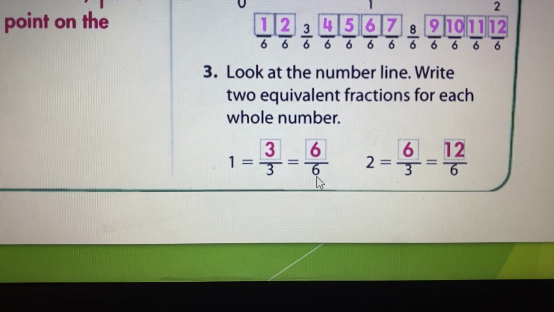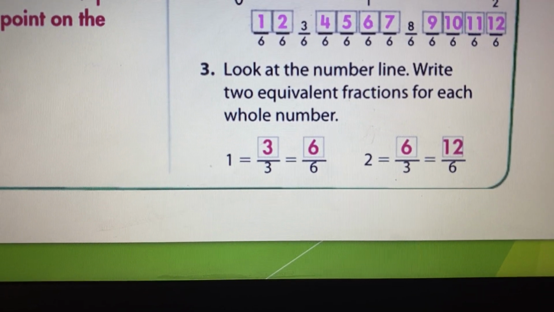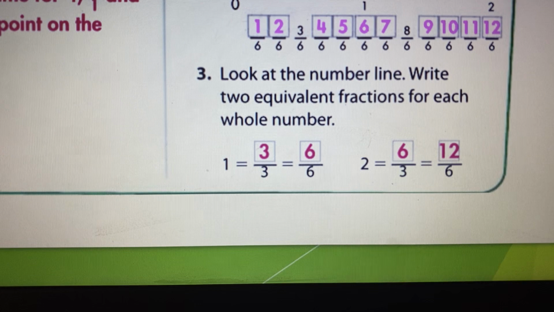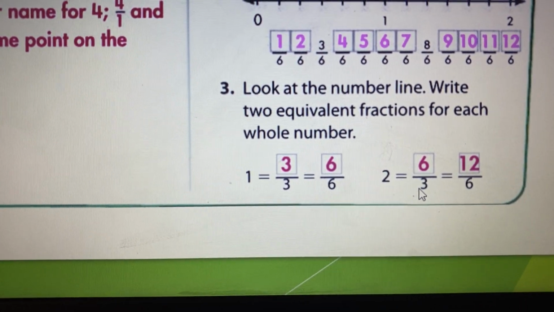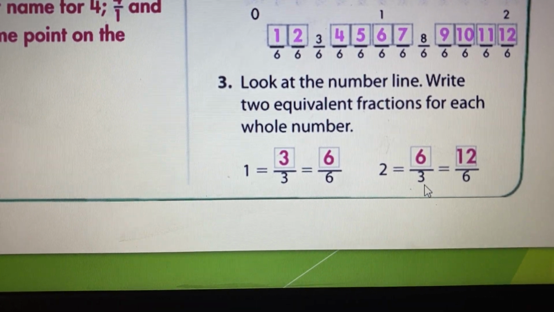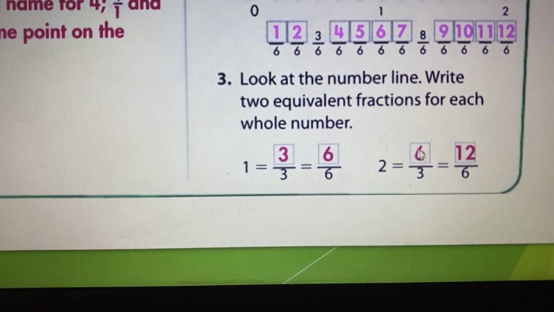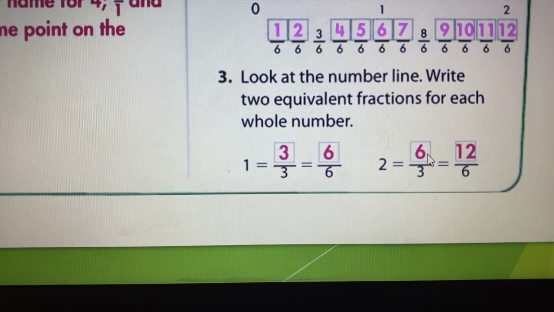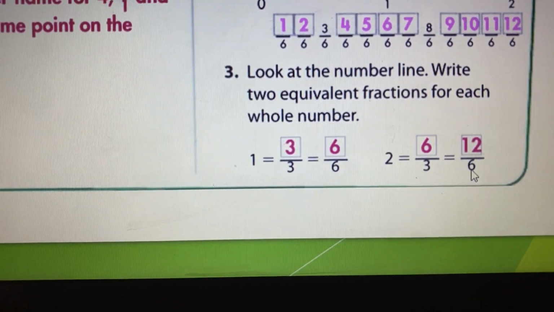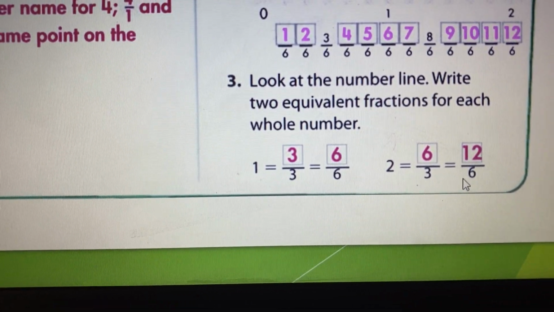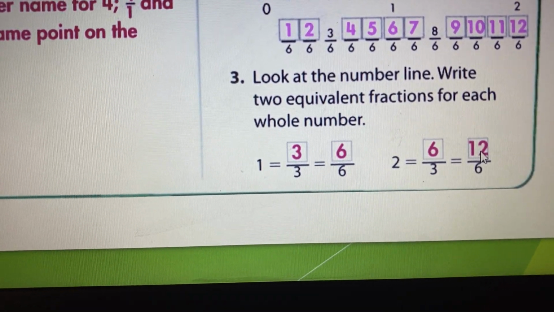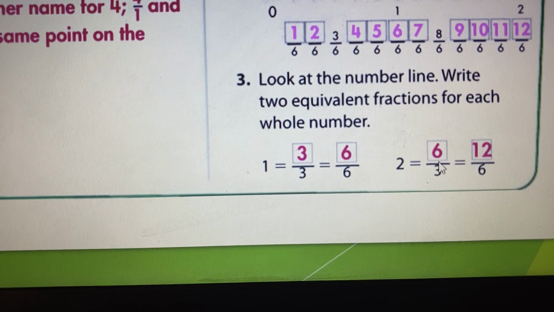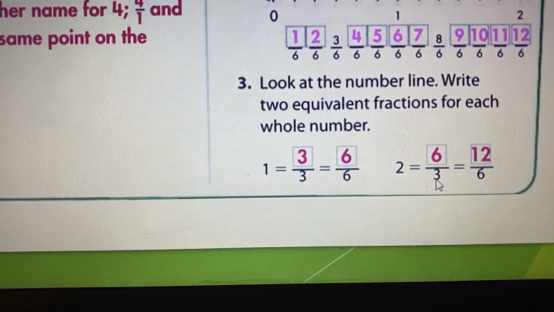Here, since I have 6 in the denominator, I will write 6 in the numerator. 6 divided by 6 equals 1. Now for 2, here I have a 3. I'm going to ask myself, 3 times 2 equals how many? 6. Now since I have 6 in the denominator, I'm going to ask myself, 6 times 2 equals how many? 12. So 6 over 3 and 12 over 6 are equal to 2.